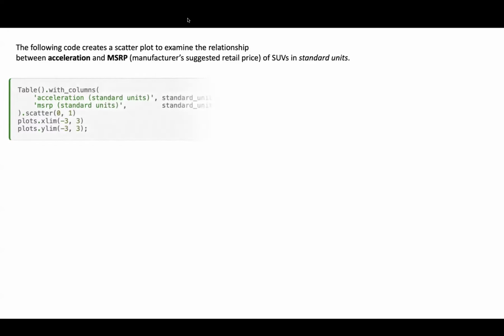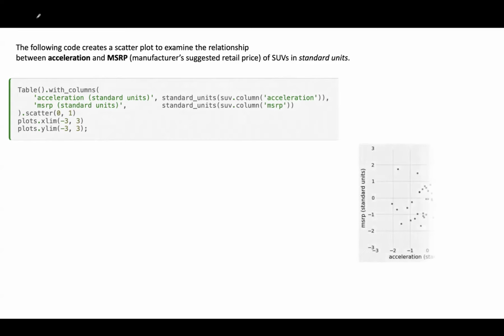The following code creates a scatter plot to examine the relationship between acceleration and MSRP of SUVs in standard units. The same behavior as we saw before.